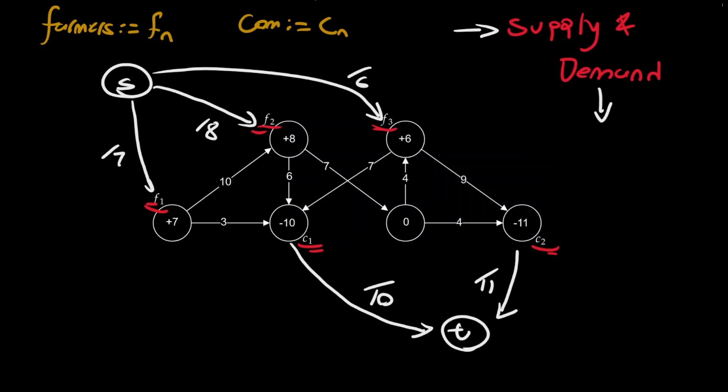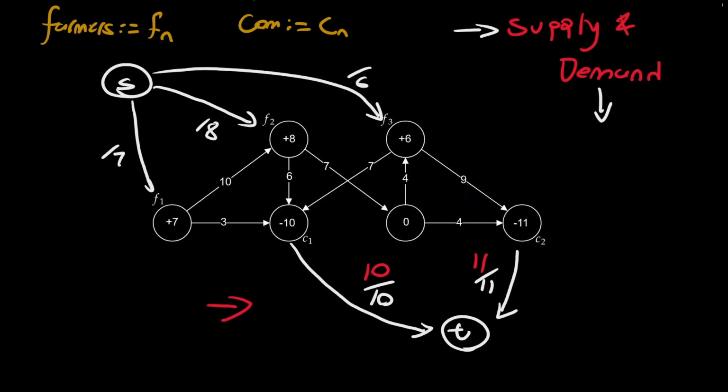Now, in order to solve this problem, we can run Ford-Fulkerson or a max flow algorithm. And how do we know that it's satisfied? We can tell that it's satisfied when these last entries here are fully saturated. If we run Ford-Fulkerson or some max flow algorithm, and by the end we end up with 10 and 11 going in, then we know we are fully satisfied.